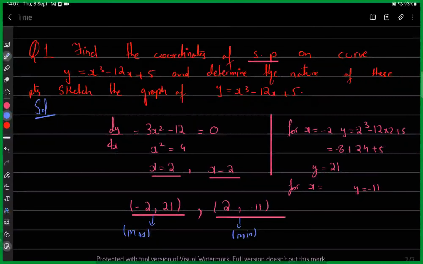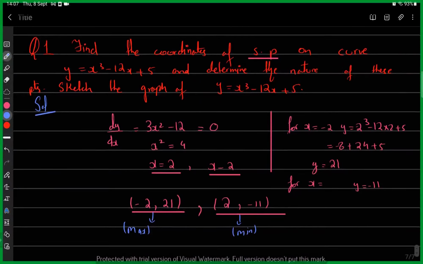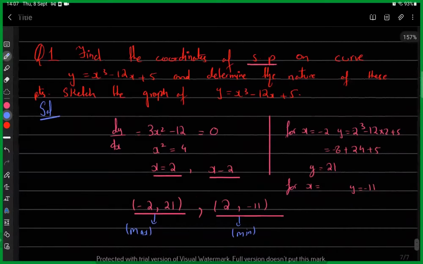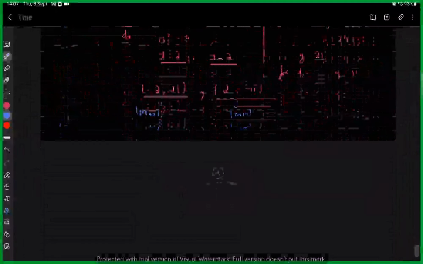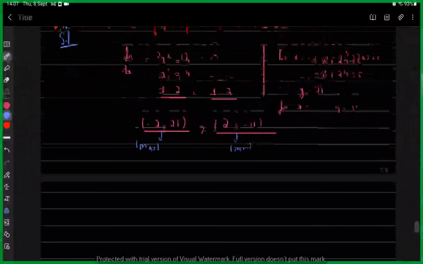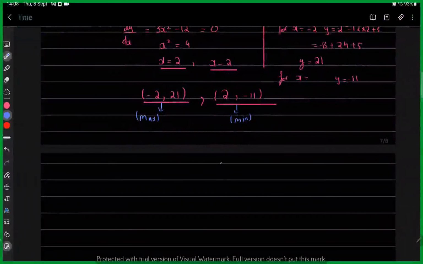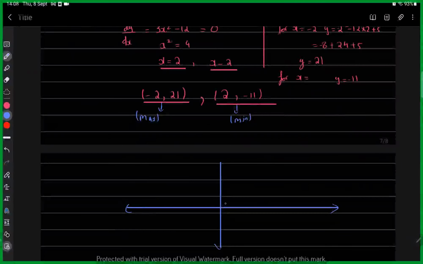Okay, very good. Now, you have been asked to plot this. So in order to sketch the graph, it's very simple when you know which point is minimum and which point is maximum. This is my y-axis. This is the x-axis.